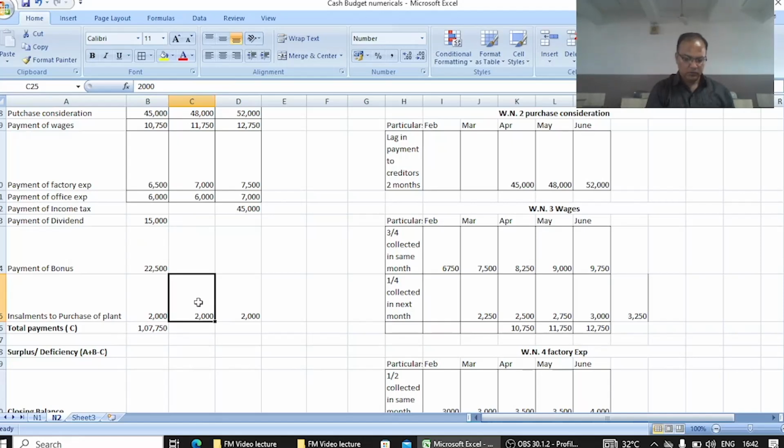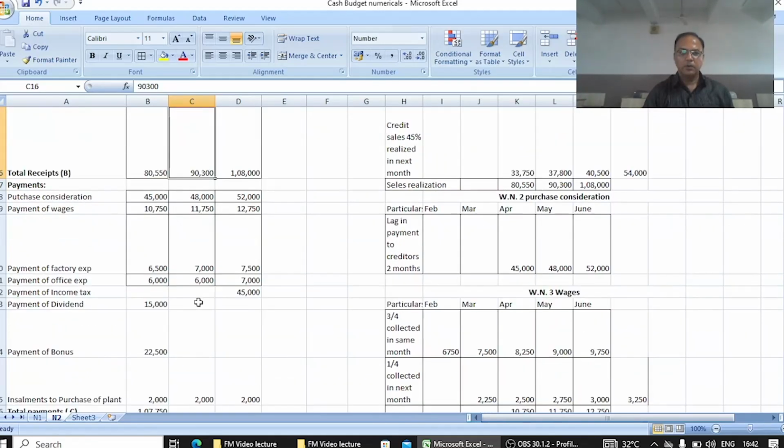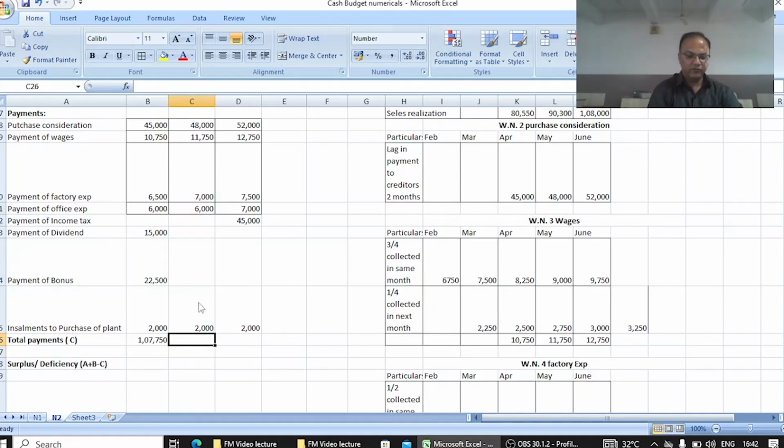Now, 2,000 plus 6,000 plus 7,000 plus 11,750 plus 48,000 is equal to 74,750.